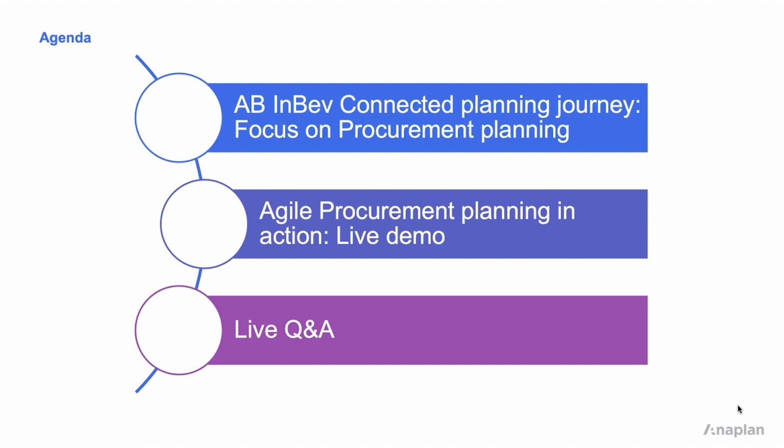Then we'll jump into a live demo, where Philip will run a live demo of Agile Procurement Planning, so you get to see the Anaplan product in action. At the end, we have reserved about 15 minutes for Q&A.